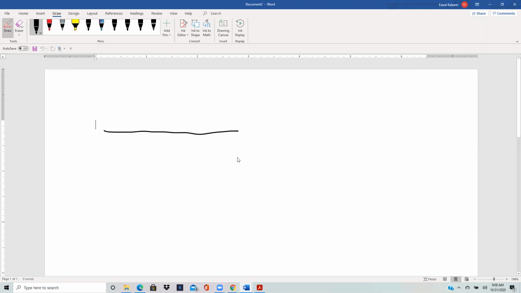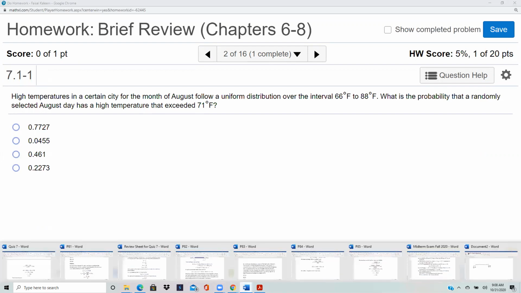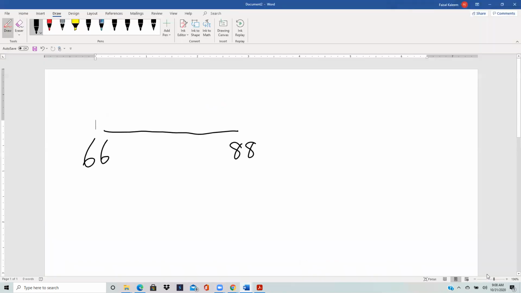So let's say this is the number line, and we have 66 to 88. And the question was, what's the probability that the temperature exceeded 71? So we would mark the 71.